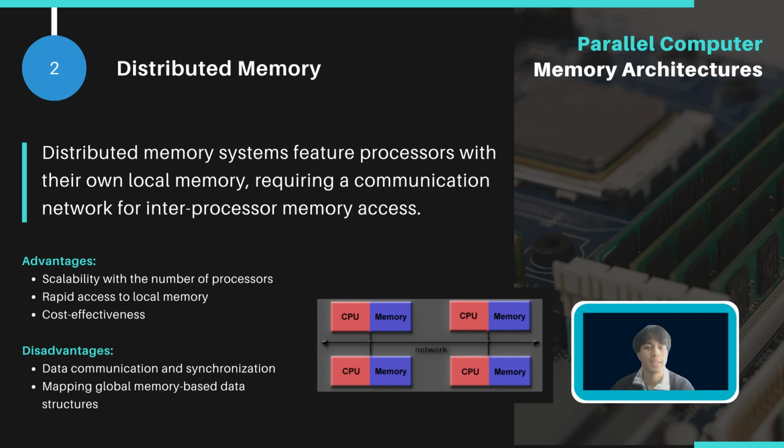To perform tasks that require data from other computers, explicit communication and data transfer protocols are implemented by the programmer. For instance, in a distributed computing environment, tasks such as data processing, image rendering, or scientific simulation are divided among multiple nodes in the cluster, with communication mechanisms facilitating data exchange between nodes.